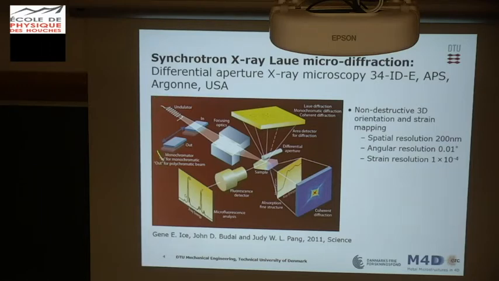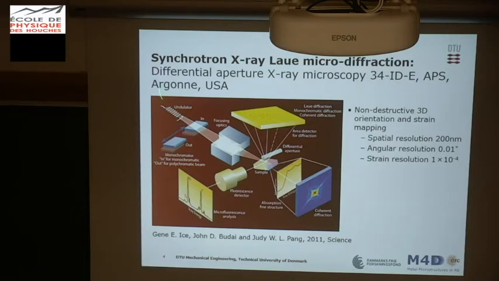Here is a sketch showing the principles. High intensity X-rays come from the undulators, and are then focused with KB mirrors down to the sample. One key of this technique is using differential apertures to resolve depth, since X-rays penetrate a lot.